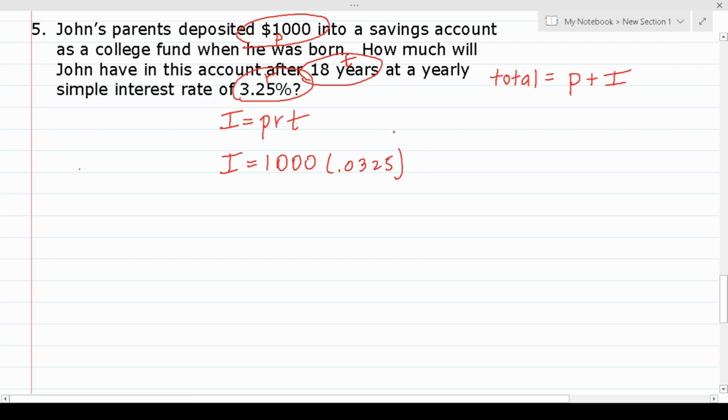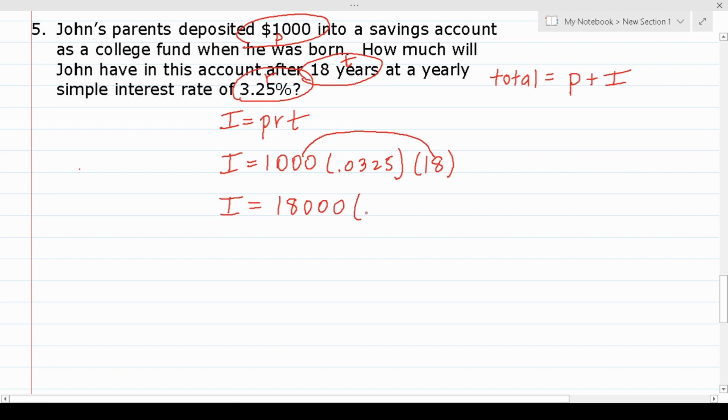And we're told the money was invested for 18 years, so that's our time. Let's go ahead and work this out. Regardless of how you do this one, you're eventually going to have to deal with some big numbers. So I'm going to do 1,000 times 18 just to get it out of the way. 1,000 times 18, of course, is 18,000.